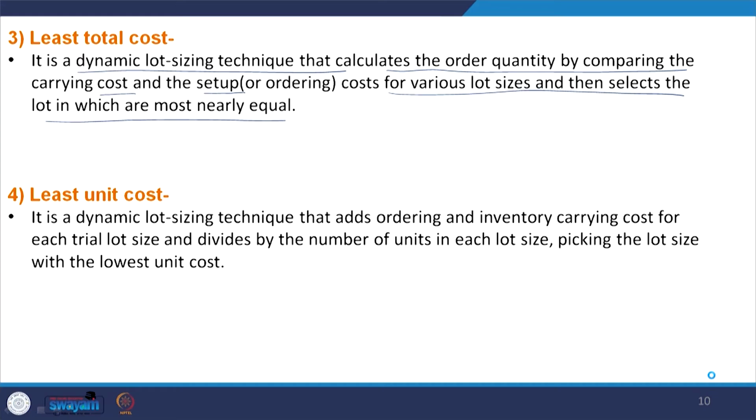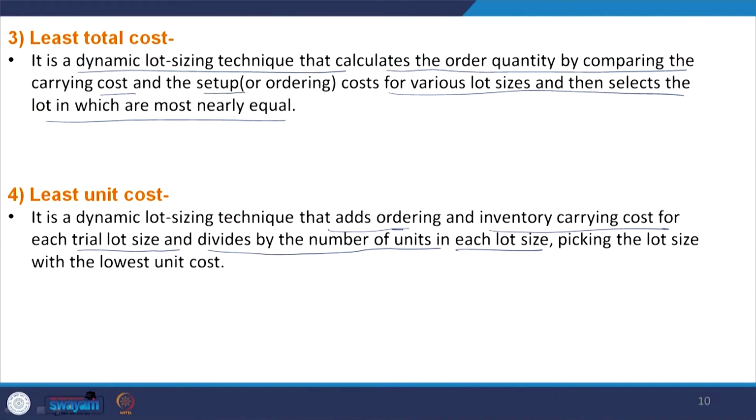The least unit cost method is also a dynamic method because the lot size is dynamically selected. It adds ordering and inventory carrying cost for each trial lot size and divides by the number of units in each lot size. In the third case, least total cost, we compare the total ordering cost and total setup cost for different lot sizes.